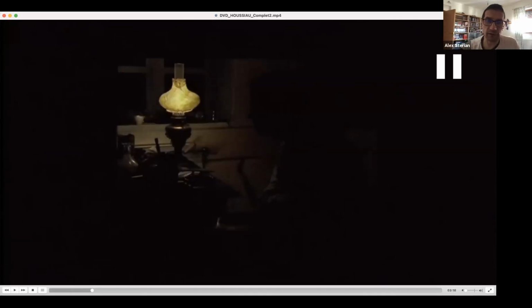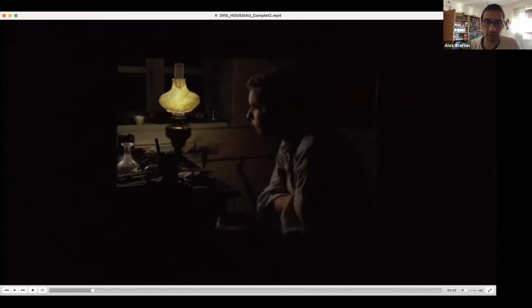So it just throws the light all around. So it has to light as well the window part of the room and the surface of the desk here.